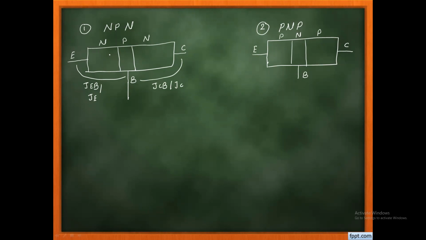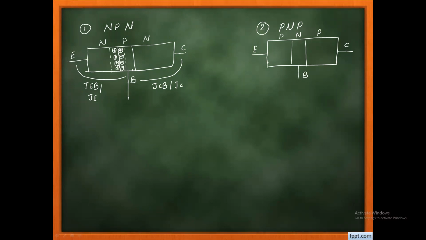It means that if you see this N-type semiconductor and P-type semiconductor, we know from the theory that when they are combined together, in the P region the negative ion layer is formed, and in the N region the positive ion layer is formed. And this is called a junction, or we say it's a depletion layer.